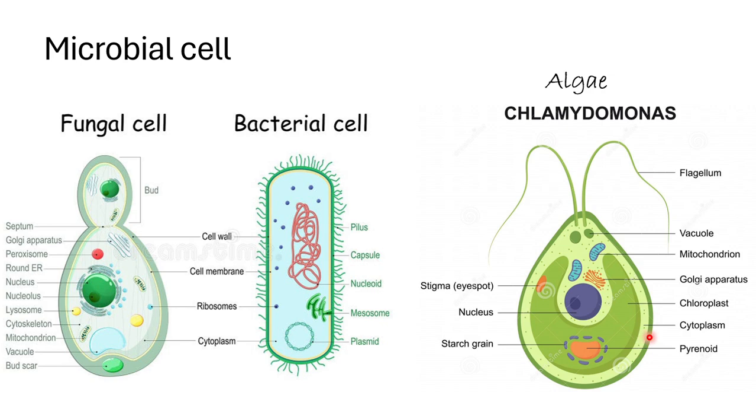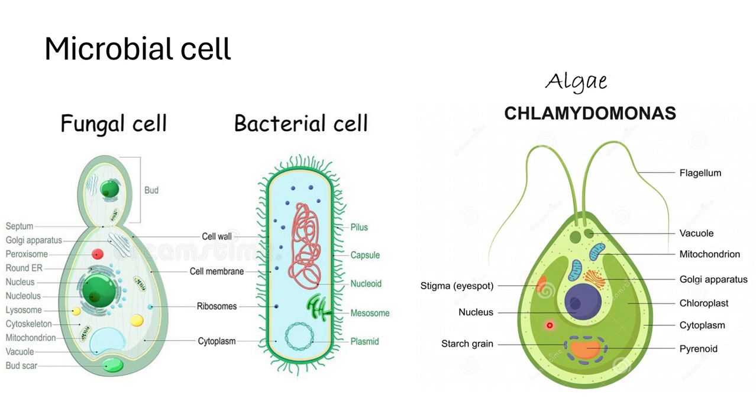This is the cytoplasm that is providing the fluidity to the cell. This is the pyrenoid structure, and the pyrenoid structure is used up by the cell for fixing the carbon by utilizing any carbon source such as starch grain in this cell.